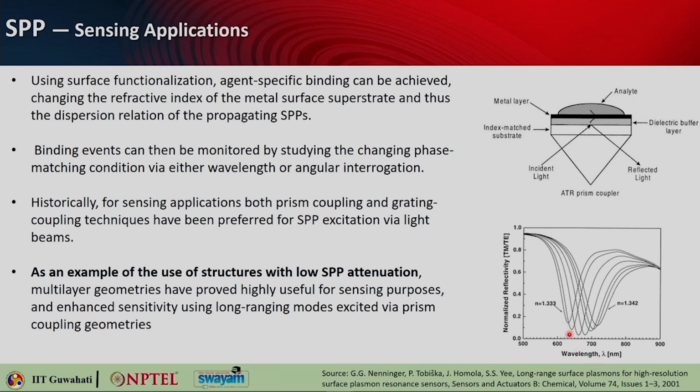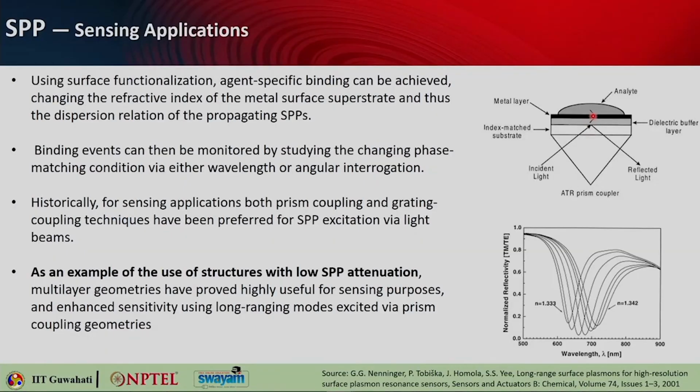That is what is also seen here, that when n is 1.333, you get the dip here. A dip in the reflected spectrum means the energy is basically getting transferred to some other form, okay. It is not coming back to you, it means it is getting transferred. Where it gets transferred, it actually gets converted into plasmons.